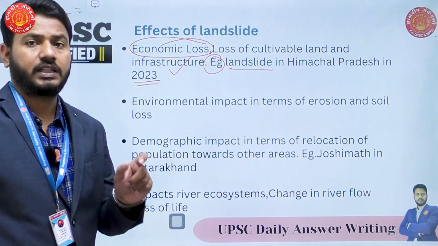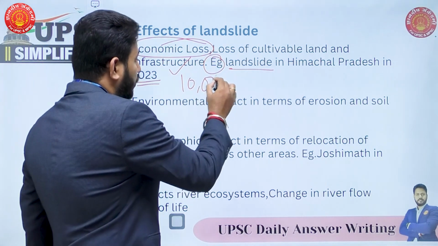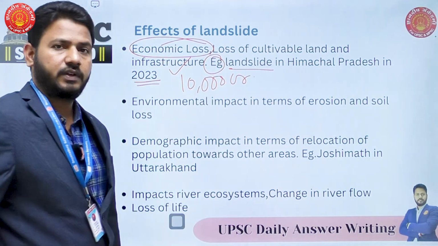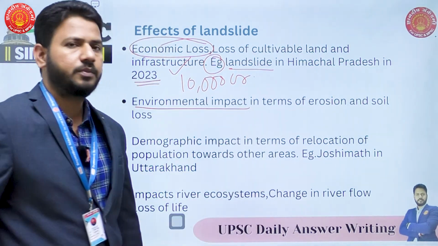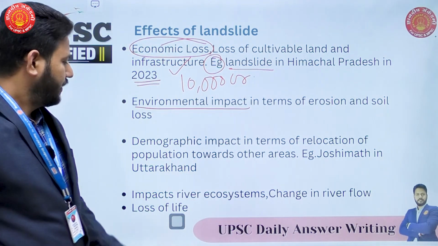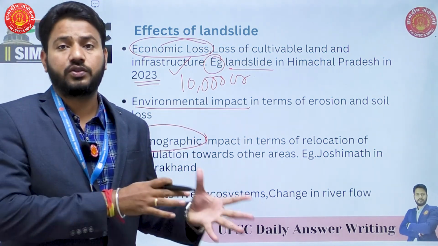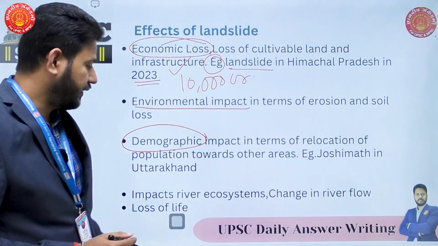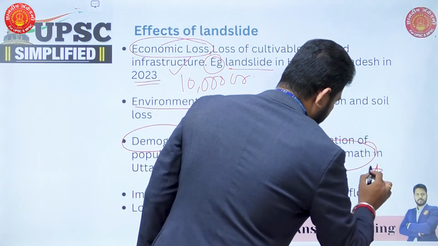The economic loss in Himachal Pradesh was to the tune of 10,000 crore rupees. Okay, so this is a very big economic loss. Then you have environmental impacts as well, in terms of erosion of soil. Then demographic impacts also, in terms of relocation of people. Here I've given a good example, Joshimath in Uttarakhand.